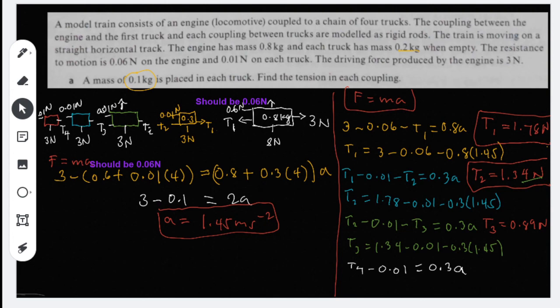Substituting the values, T sub 4 will be approximately 0.45 Newton, expressed to 2 decimal places. So 0.45 Newton.